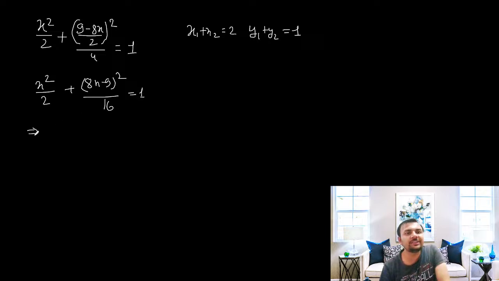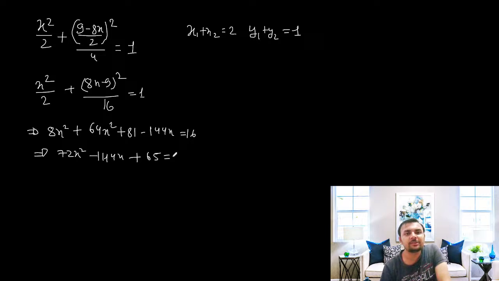So it is nothing but 8x square plus 64x square plus 81 minus 144x equal to 16. It is 72x square minus 144x plus 65 equal to 0. So we can say that sum of the roots is nothing but 2.